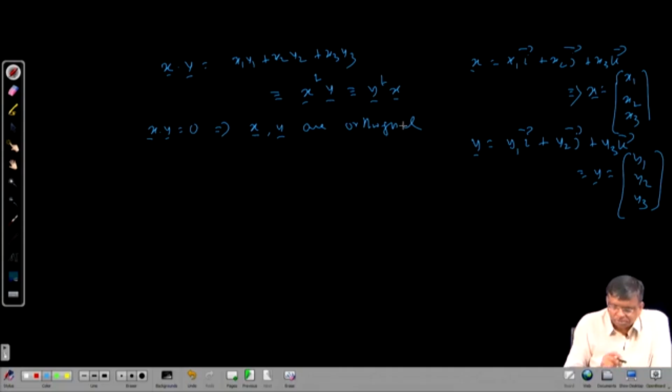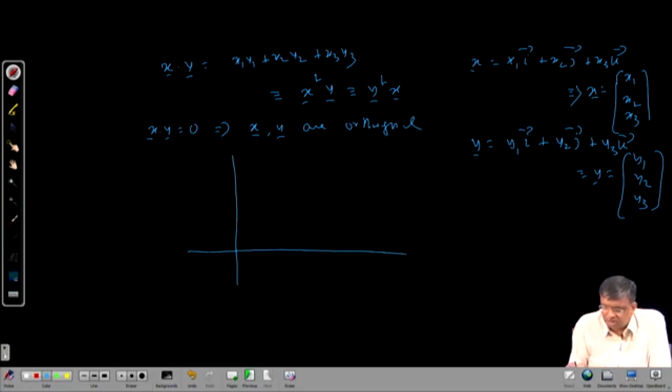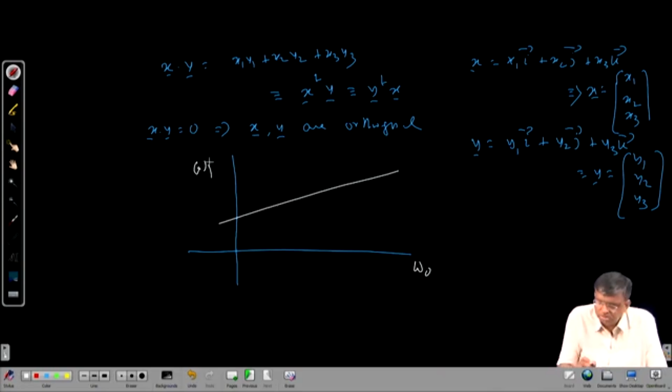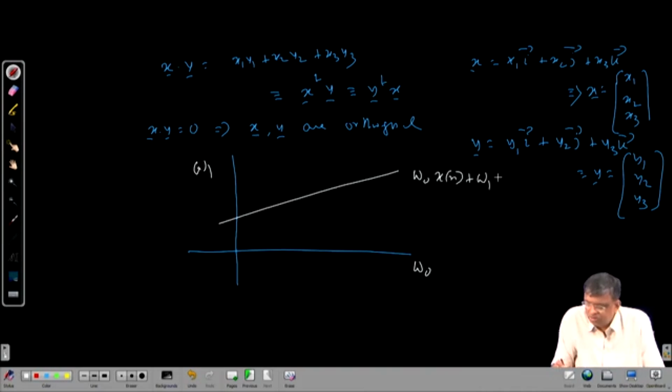All right. Now, suppose I consider a hyperplane, any hyperplane. Say you can call the axes W0, W1, and this equation is W0 xn plus W1 xn minus 1 is dn, where xn is the data.